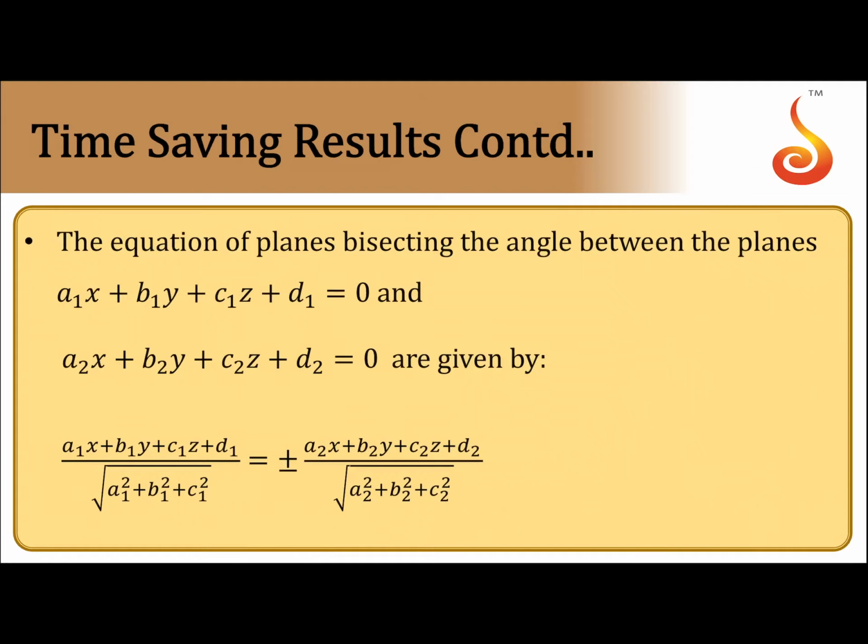And the equation of a plane bisecting the angle between two planes is given, as in the two-dimensional formula, with an extra z coordinate: L1 divided by root of a1 square plus b1 square plus c1 square, and the same thing equals plus or minus.